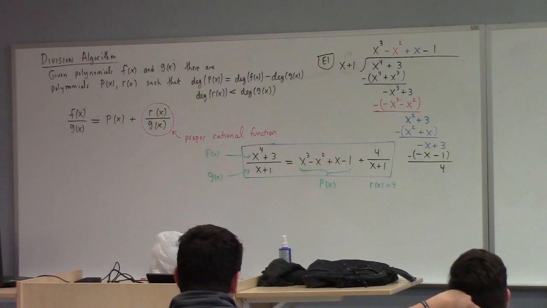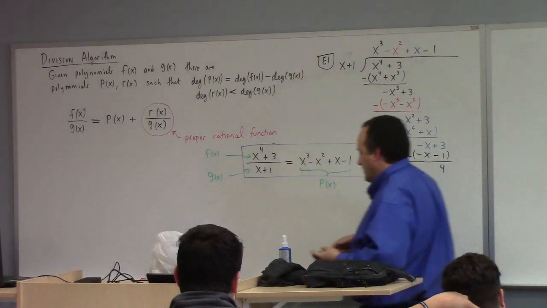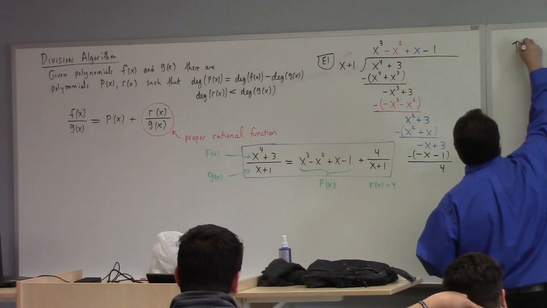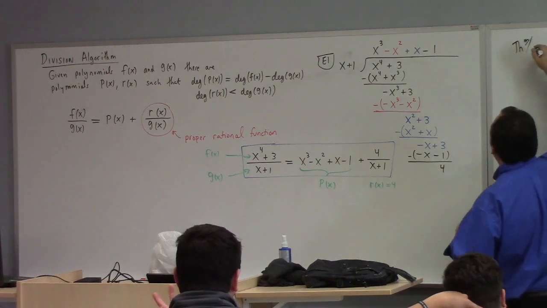Okay, so this is the division algorithm. There's a theorem that I should tell you guys about, and the theorem is this. Mind if I take a drink real quick? Go for it, Michael.